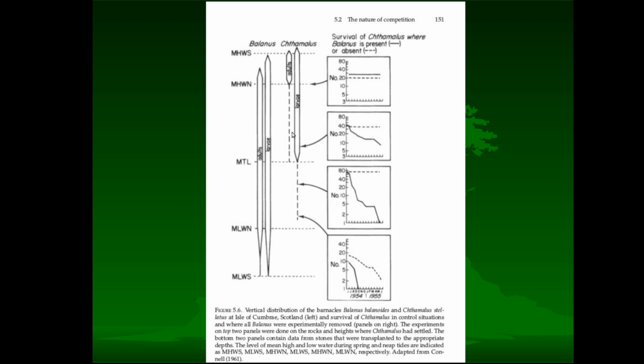Okay, so to understand why Balanus did not occur higher on the shore in the Thamylus zone, he moved rocks with attached adult Balanus to higher elevations on the shore and monitored their performance. And he found that Balanus on these rocks died from desiccation, just dried out during low tides, especially during warm temperatures in the summer.